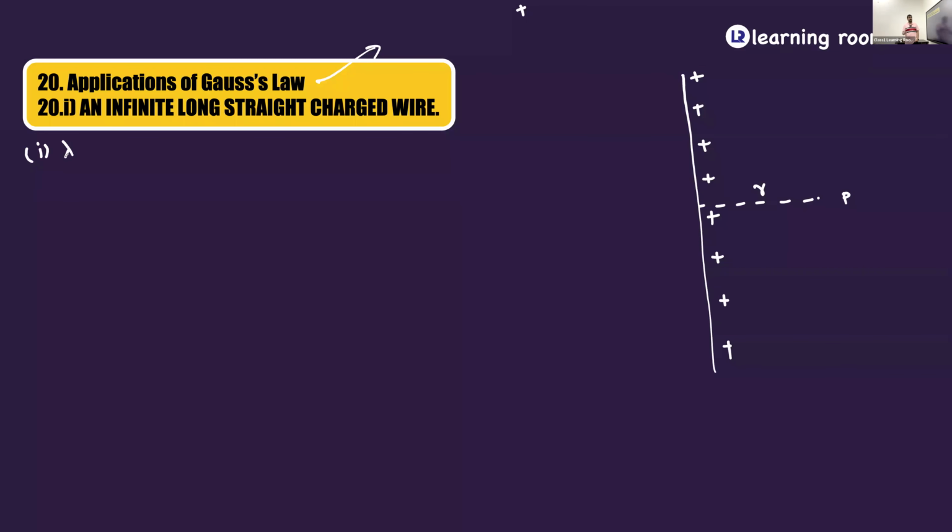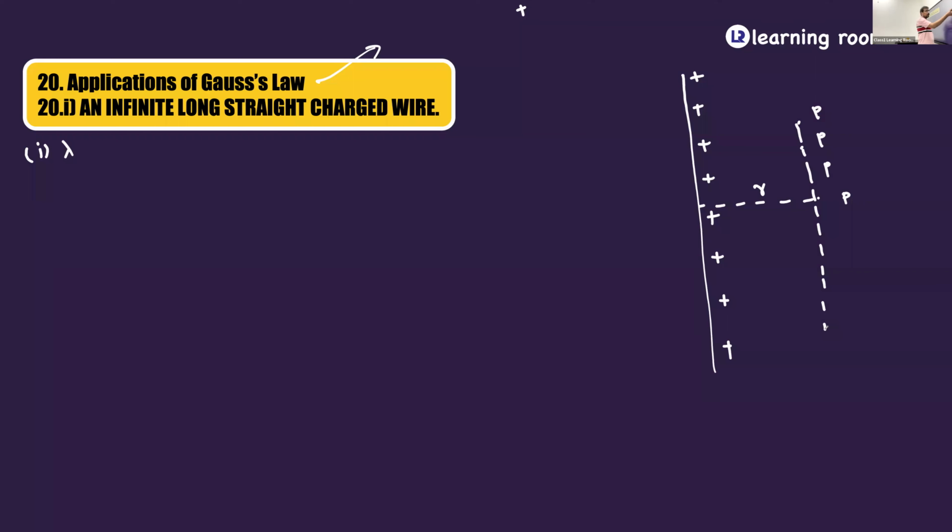Second step, it says we need to consider a Gaussian surface around this. The Gaussian surface is supposed to be symmetric with respect to the charge distribution. Listen to this carefully. If this point P is here, the point P can be here, it can be here, it keeps on going like this. When you join all these points, you get a straight line.